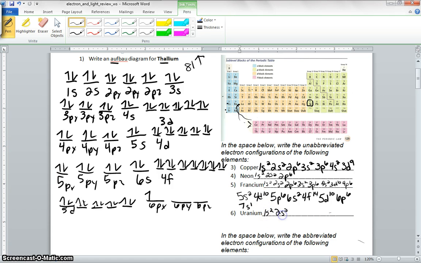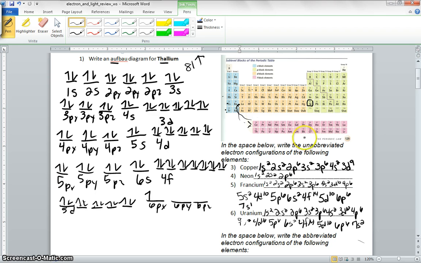1s2, 2s2, 2p6, 3s2, 3p6, 4s2, 3d10, 4p6, 5s2, 4d10, 5p6, 6s2, 4f14, 5d10, 6p6, 7s2.